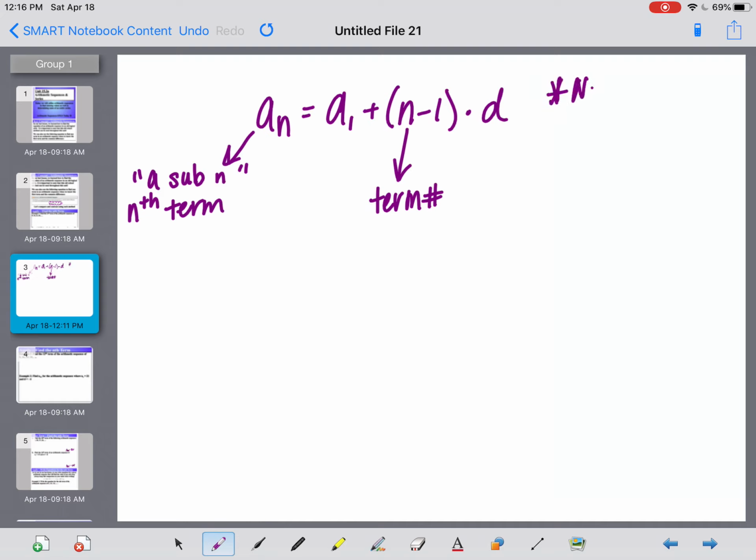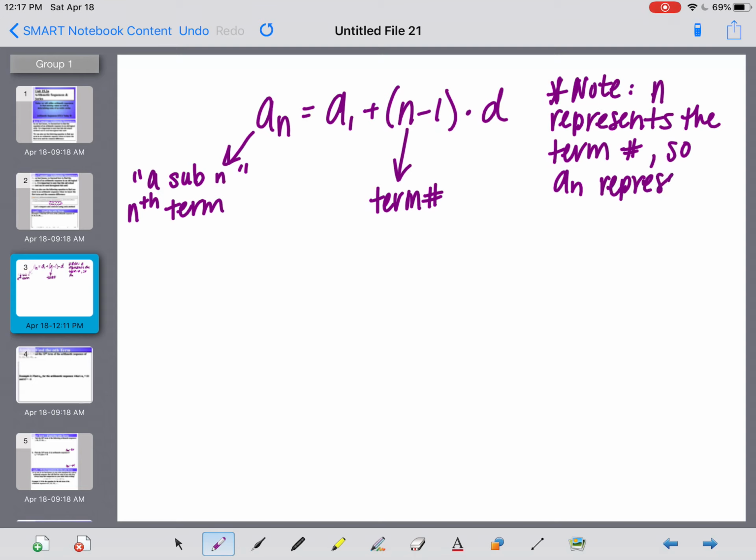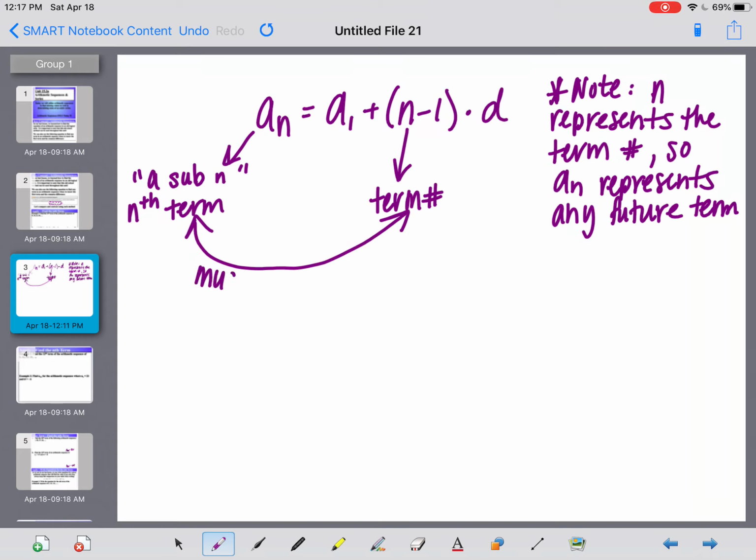Okay, so note, n represents the term number, so a sub n represents any future term. That also means that a sub n and n must match.